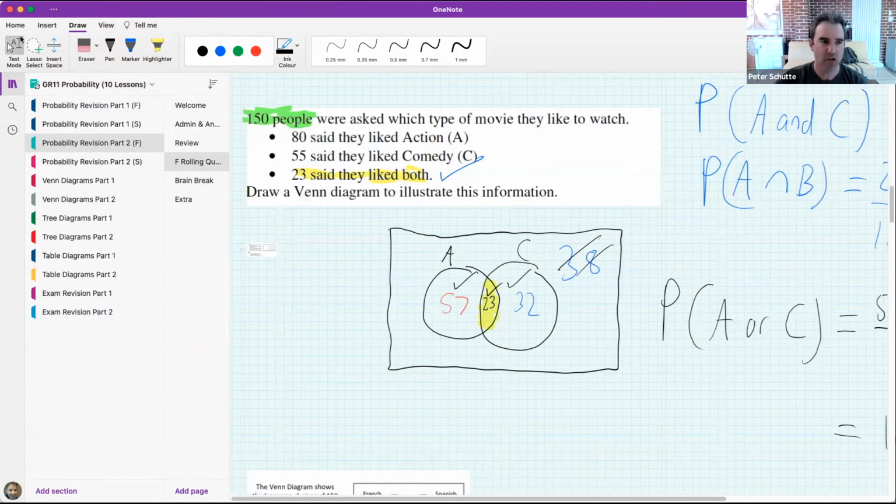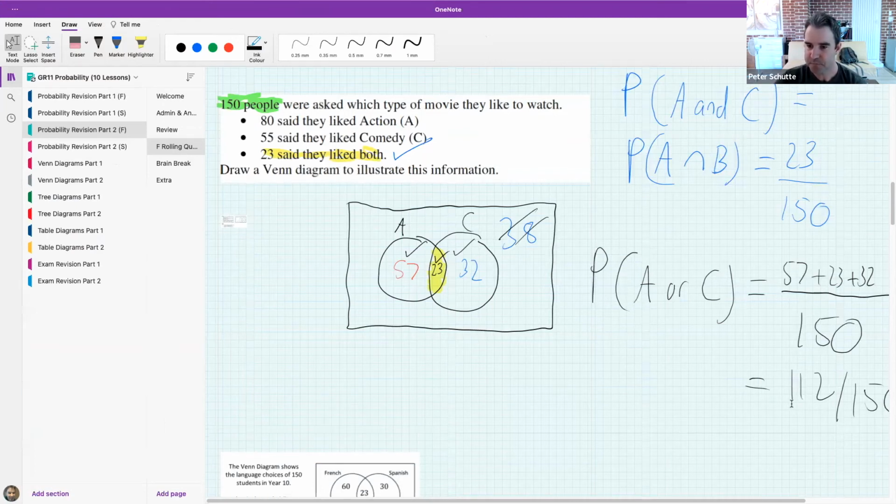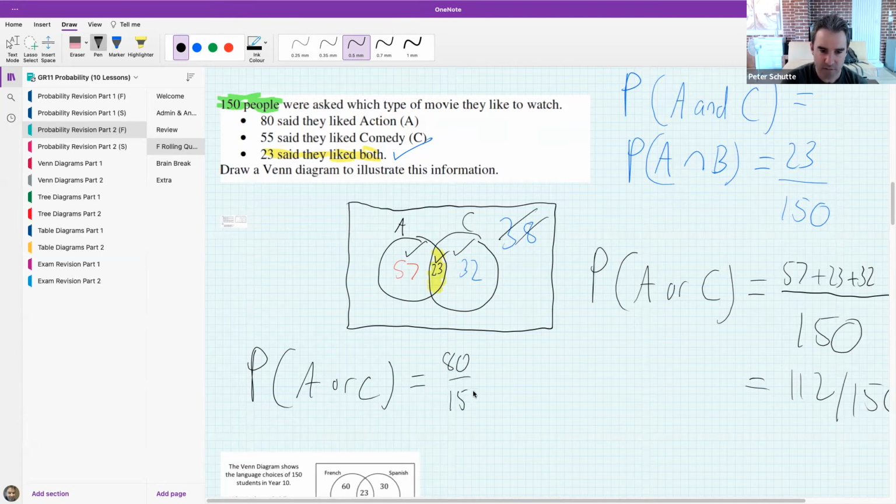In this question, I just wanted to show you that if you think of that identity I spoke about earlier in the lesson, the probability of A or C is going to be equal to the probability of A, which in this case is 57 plus 23, so 80 over 150, plus the probability of C, which is 23 plus 32, so that is 55 over 150, minus the probability of A and B, which is 23 over 150.